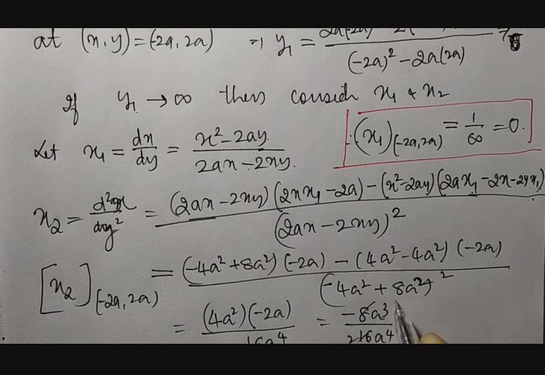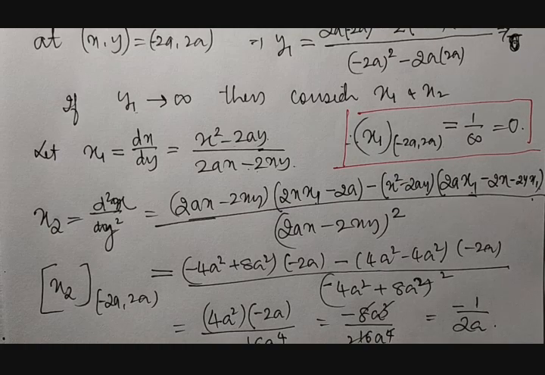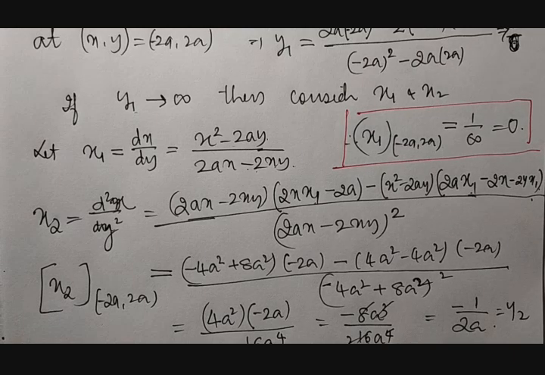So it is minus 1 divided by 2a. Minus 1 divided by 2a is the value of x2, fine.